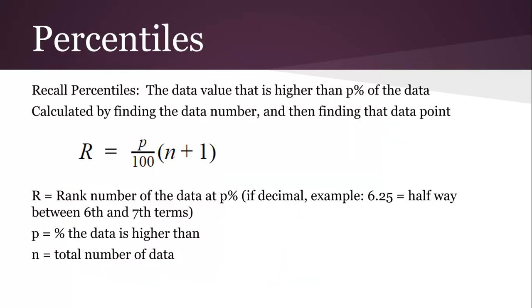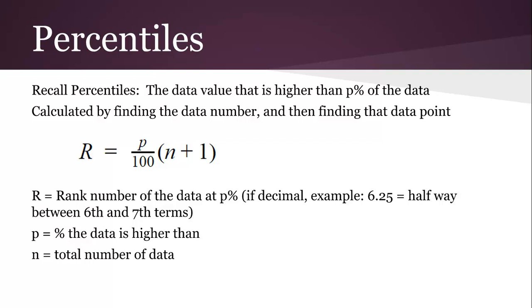To talk about interquartile range, we actually have to talk about percentiles. This is a formula for percentiles. Remember that a percentile is the percentage of data that's less than you. To find out which data value is at a given percentile, we can use this little formula.